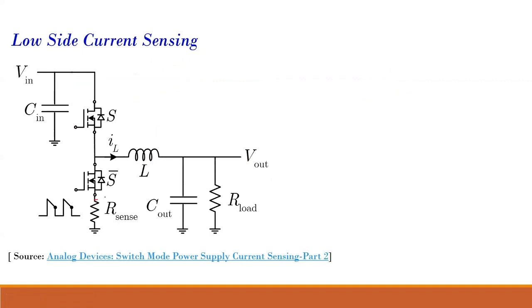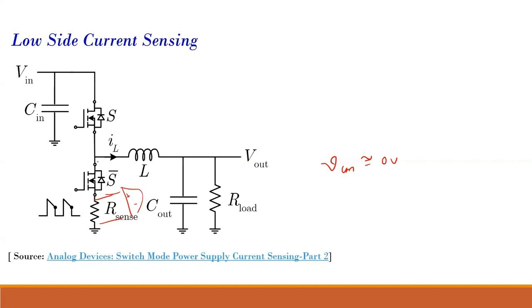I place the op-amp over here. In this case, the common mode voltage of the op-amp is approximately 0 volt. This R sense usually is very small, so the voltage drop across it is almost 0. It is of some magnitude, but it's close to 0.